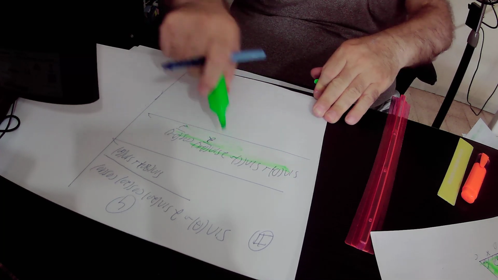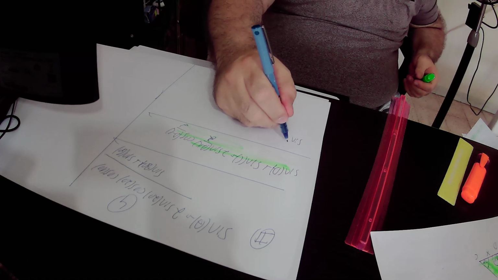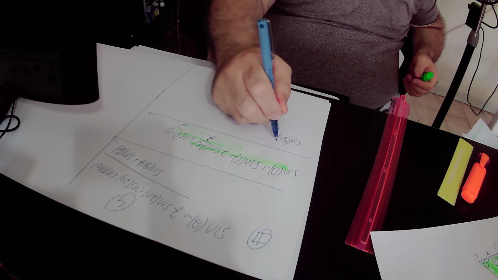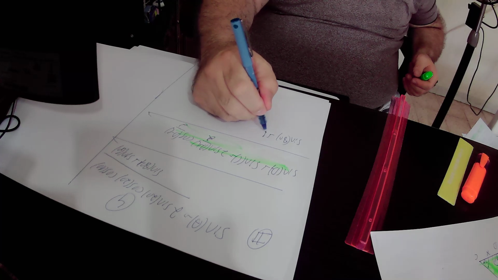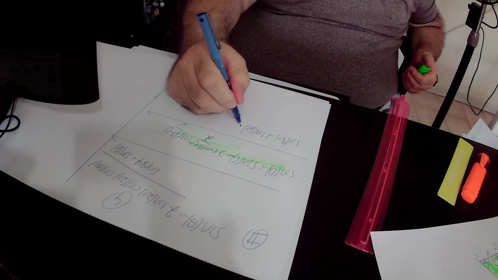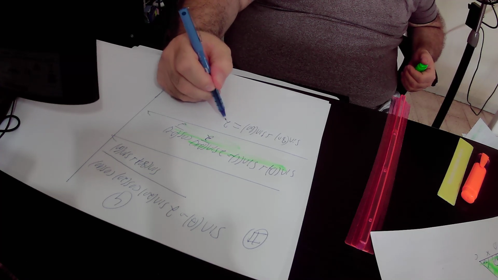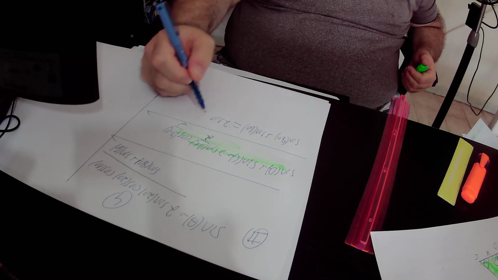So sinus 80 degrees plus sinus 60 degrees will be equal, according to this identity, to 2 times sinus D plus C over 2.